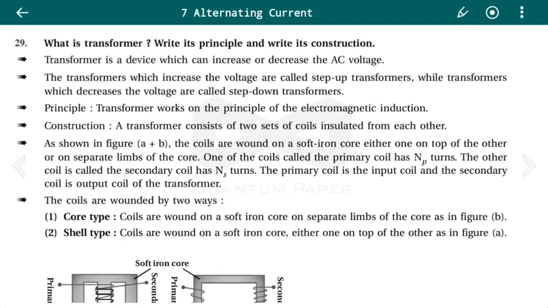Suppose we are getting 220 volt from the mains, right, and our appliance requires, suppose, 10 volt, then that voltage should be decreased. We are desiring the 10 volt, and that voltage we will be getting through the transformer only. So the transformer acts as the mediator which will be converting this high voltage into the low voltage.